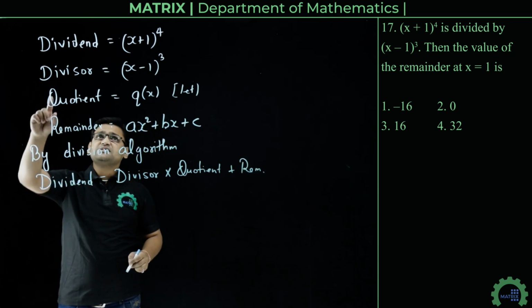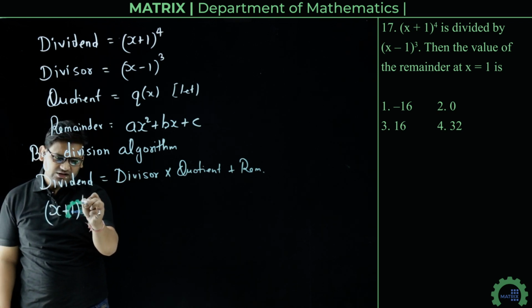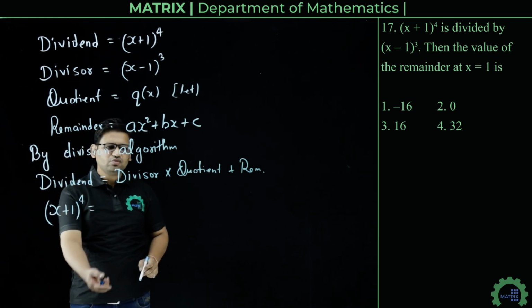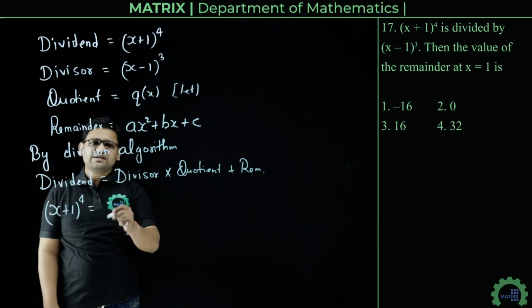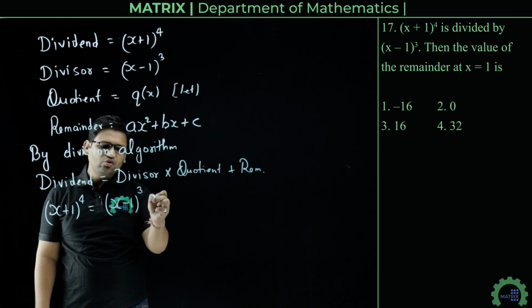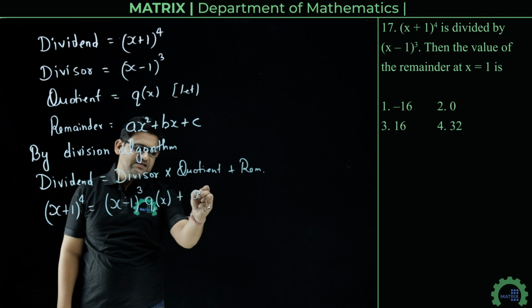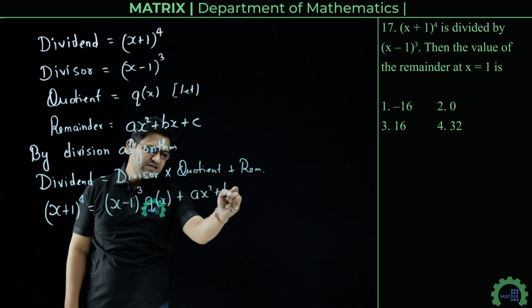Now here the dividend is (x plus 1) raised to power 4, that will be equal to divisor into quotient. The divisor is (x minus 1) whole cube into the quotient, that is q(x), plus the remainder, that is ax square plus bx plus c.